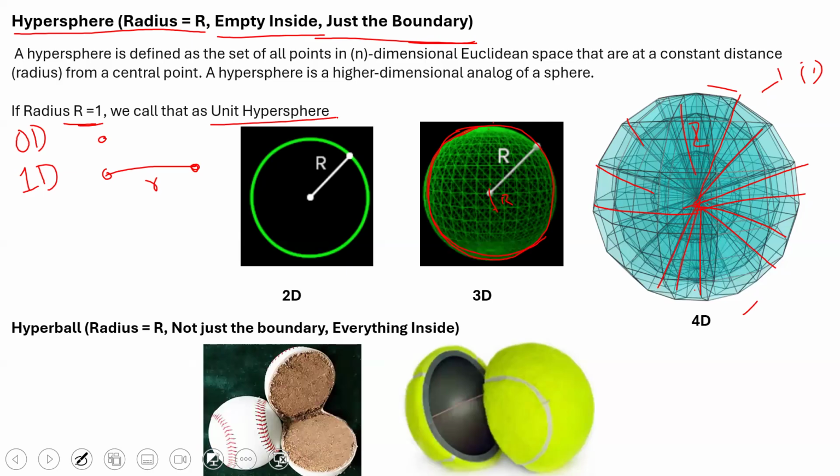There is a reason why we are trying to understand these diagrams in higher dimensional spaces, because all the derivations that we are going to learn going forward will deal with these cubes and spheres. The reason being, any data set would most probably resemble a square, like a cube. In 3D, if you take any set of points, you can resemble that as a cube, all the points in a cube or in a room.